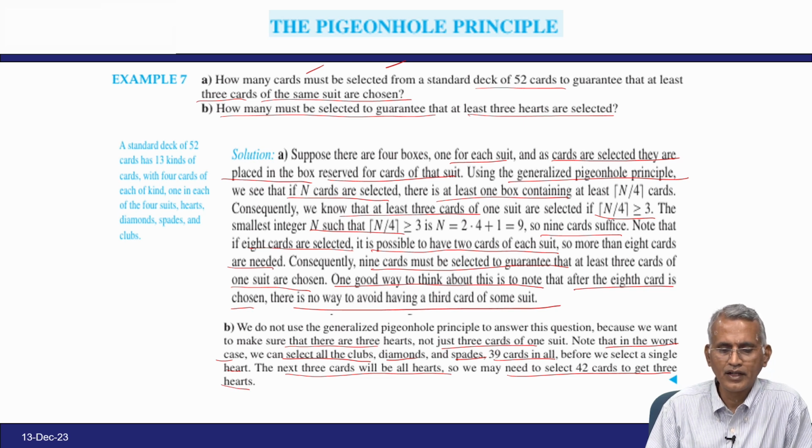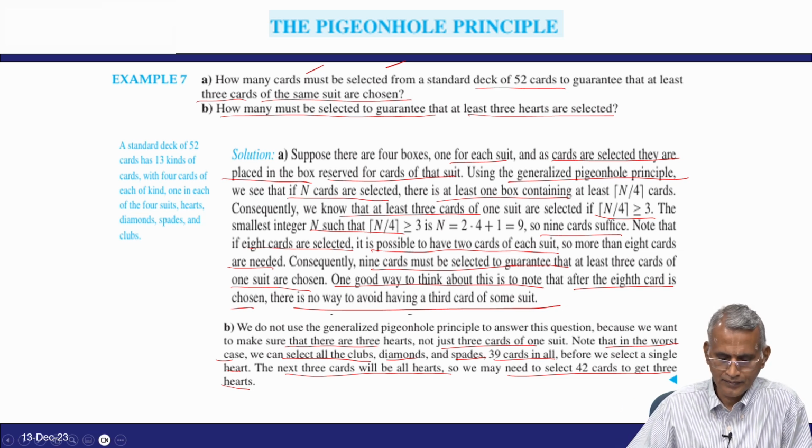Whereas the first question is easily solved with the help of the generalized Pigeonhole principle, the second question we could not do that way. We select all the clubs, diamonds and spades, consisting of 39 cards, and the next 3 cards will be all hearts. So, 39 plus 3 equals 42 cards to guarantee that 3 hearts are selected.